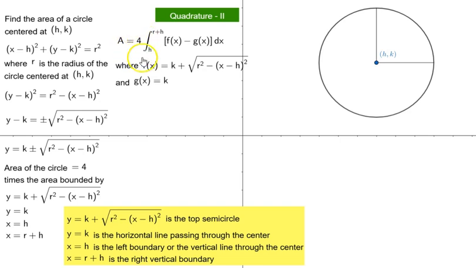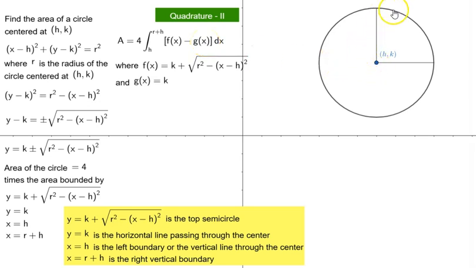So we have 4 times the integral of f of x minus g of x dx from h to r plus h, where f of x is equal to the top semicircle and g of x equal to k. So what does this mean? f of x minus g of x.